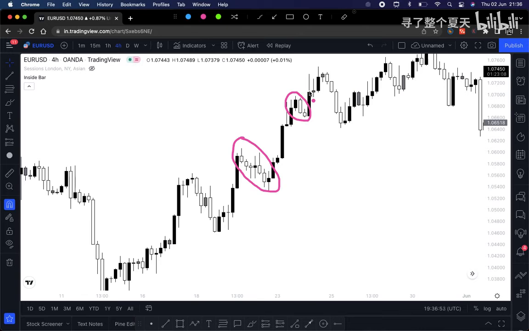A minor pullback, right? So again, it's simply up to you what you want to regard as a minor pullback or a major pullback. But according to me, and if you want, you can still use the very same tactic.